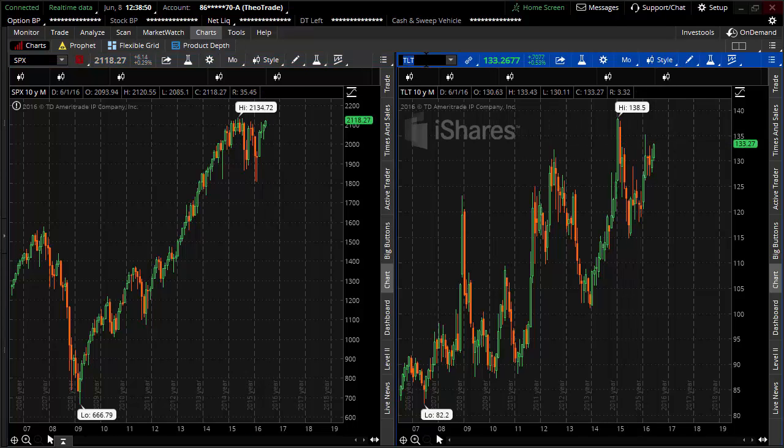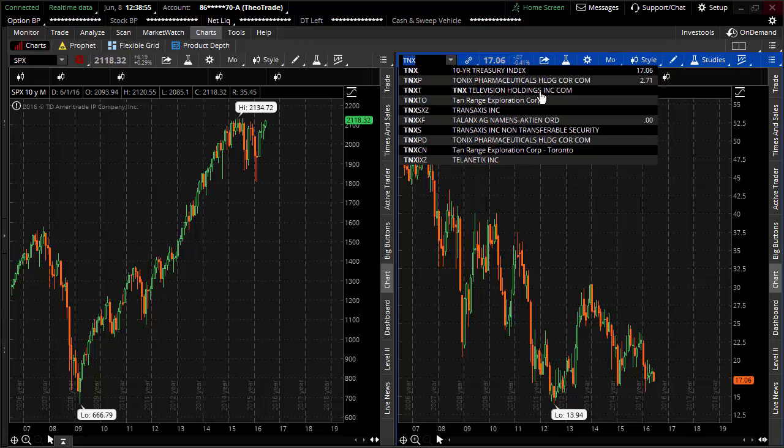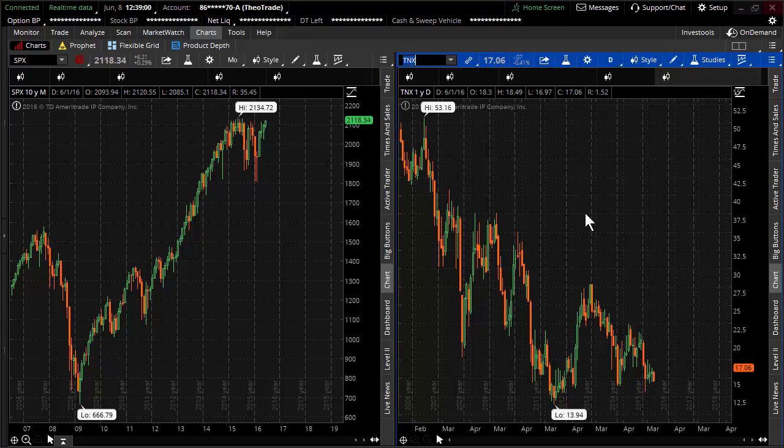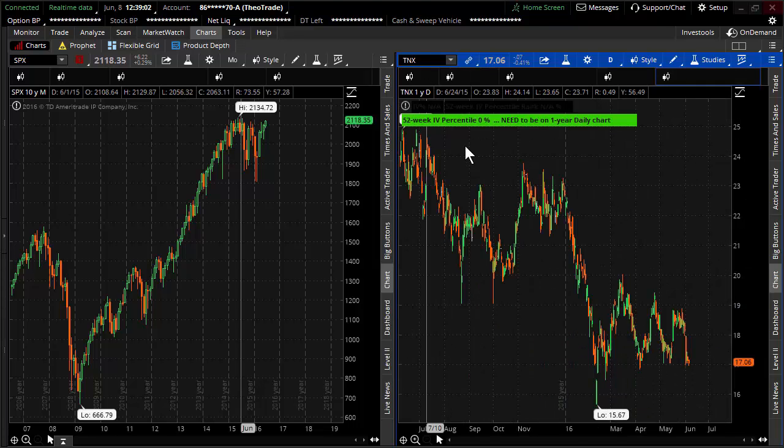down. For those of you that are maybe not really aware of some of the interest rates out there, there are a couple of symbols you can look up. One of them happens to be TNX, the 10-year treasury, and this is the interest rate associated with it.